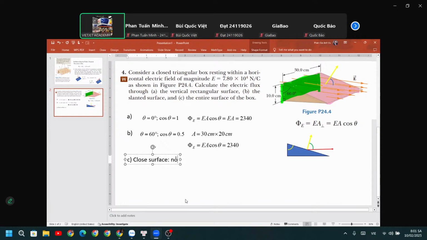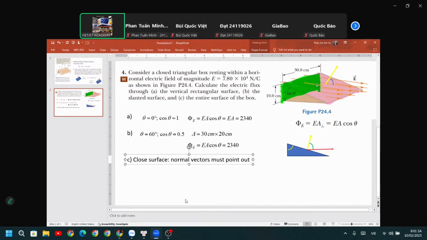The normal vector must point out from the box or the surface.